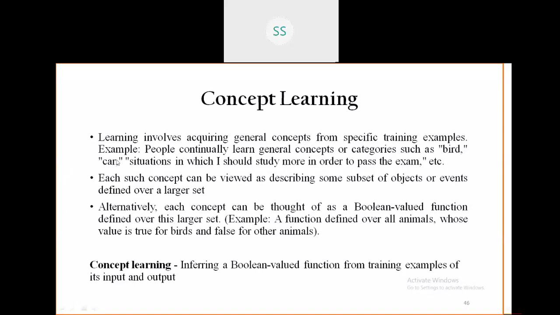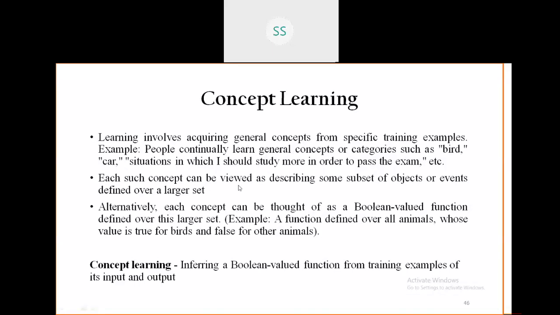Even with respect to the car, this is a specific training example of a four wheeler. So I'm acquiring the knowledge, or I'm learning the knowledge. That concept we generally call the general concept. And this is just a real world example we have given: you are studying this in order to score more in the examination.